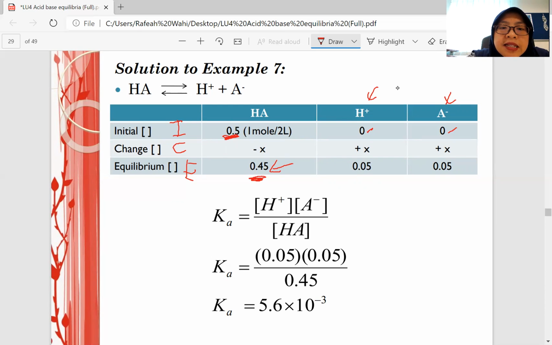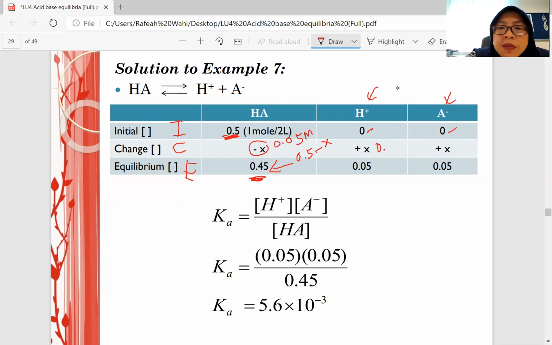So you can calculate X, because 0.45 equals 0.5 minus X. From this equation, you know that X is 0.05 molar.